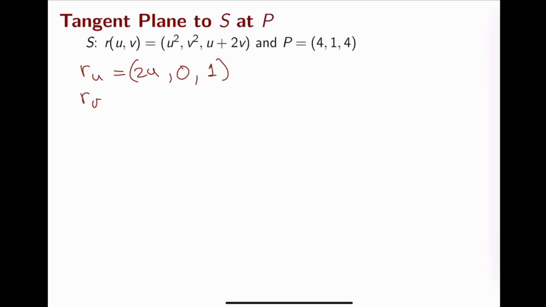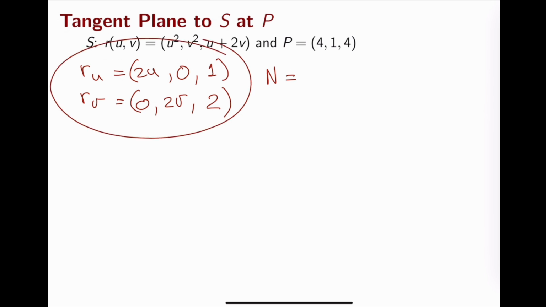Let's do the same with respect to v. Derivative of this with respect to v is 0. Derivative here with respect to v is 2v, and here with respect to v is 2. Then we calculate the normal vector as the cross product of these two, r_u cross r_v.